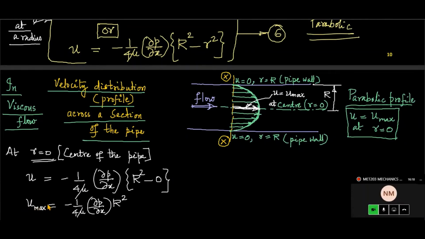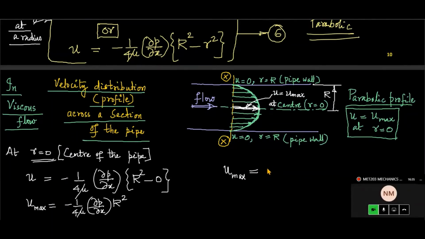So the maximum velocity u max is equal to, at the center, hereafter, please keep this idea in mind: at the center of the pipeline in which the viscous flow occurs, maximum velocity prevails.